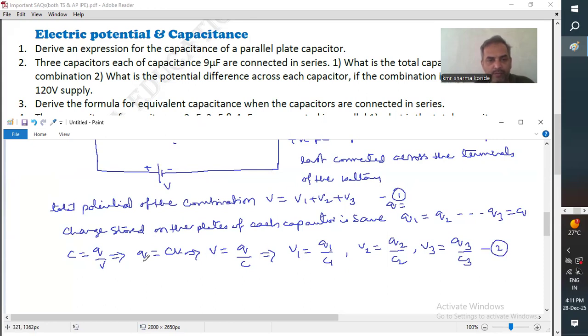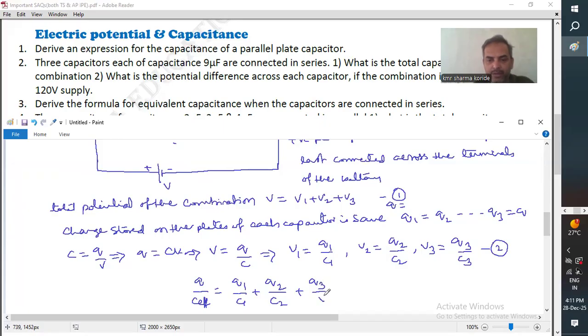Substituting all four, Q by C effective, because you are looking for the effective capacitance, or you can say resultant capacitance or net capacitance. Whichever way you are comfortable with, you call it Q1 by C1, because V1 is replaced with Q1 by C1. V2 is replaced with Q2 by C2.